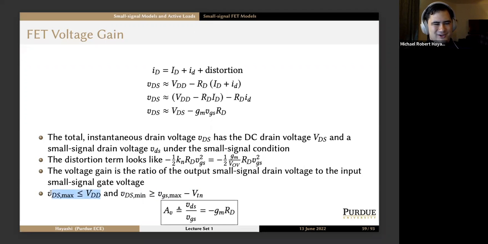Basically, this one assures that we're not in cutoff. This one assures that we are not in triode mode. And again, A sub V is a gain. V reminds you that it's a voltage gain. Some books can use a different notation.